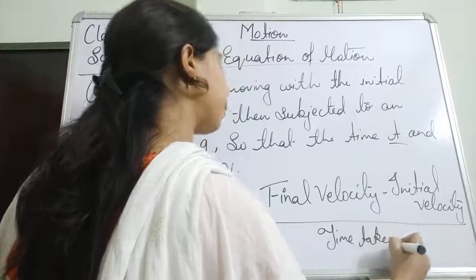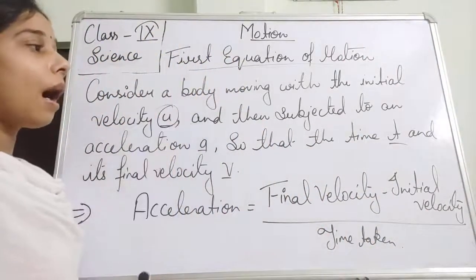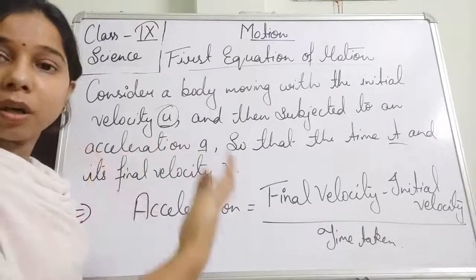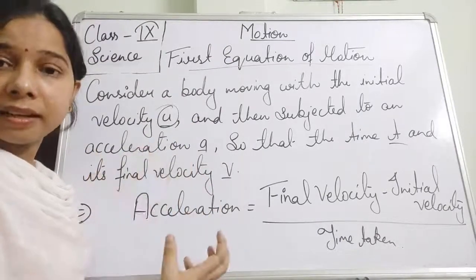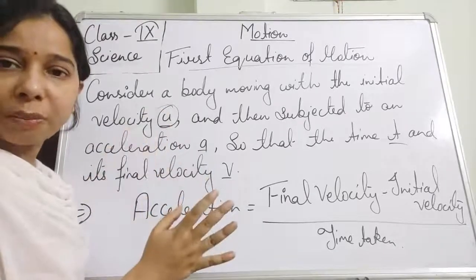You see here what happens, students. We have supposed a body was moving with the initial velocity u, and then the velocity increases, due to which it accelerated. So it undergoes an acceleration.